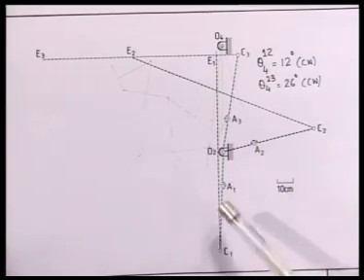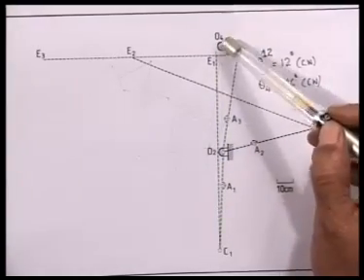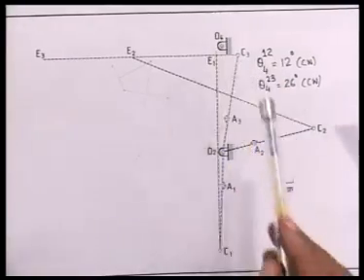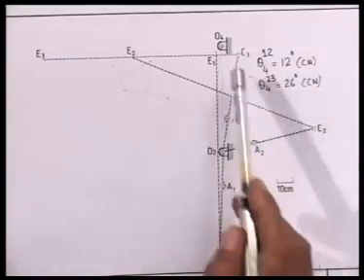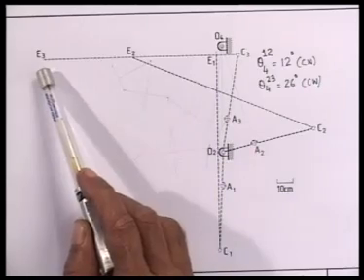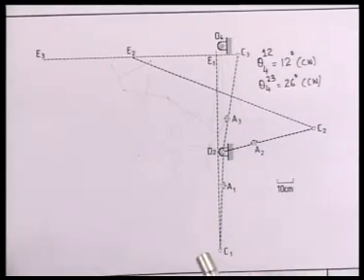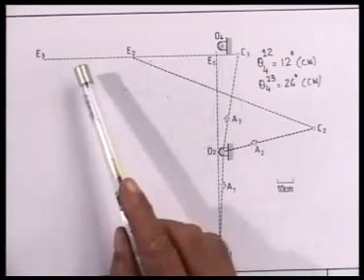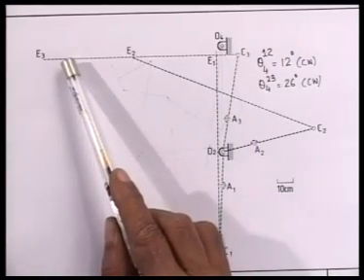As I said earlier, O2 and O4 have been chosen arbitrarily. The 3 positions of the door, C1E1 closed, C2E2 intermediate, and C3E3 open, are given. And we would like to determine the rest of the linkage corresponding to the 3rd or open configuration.